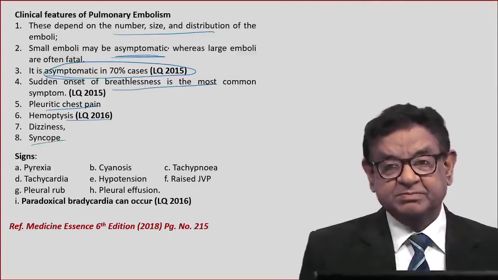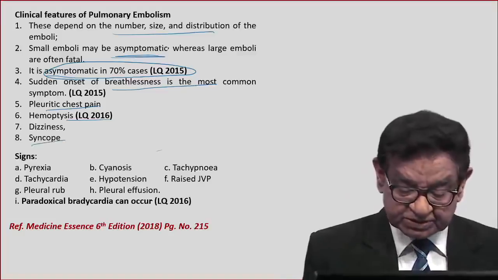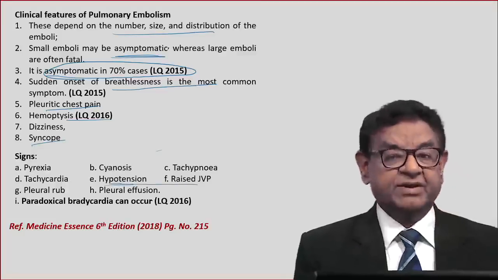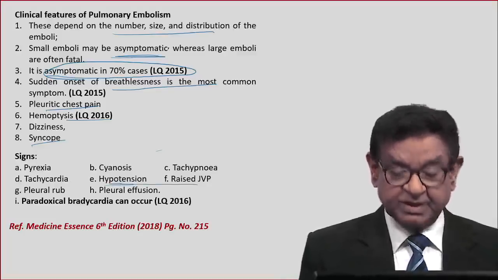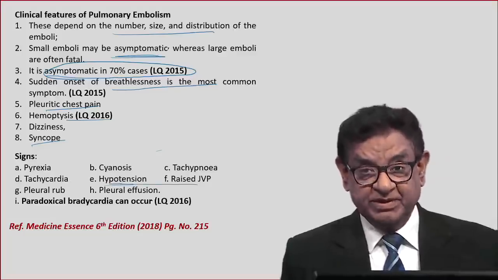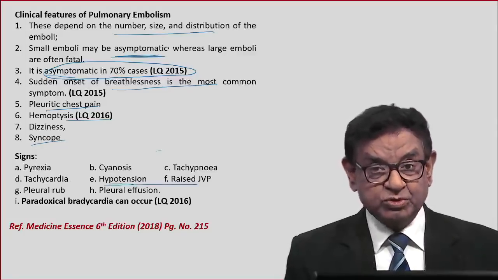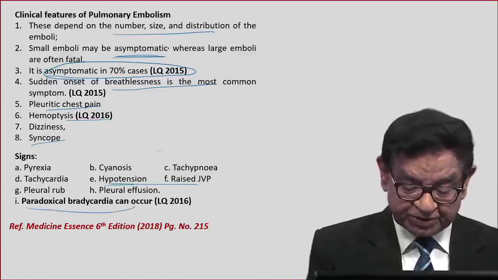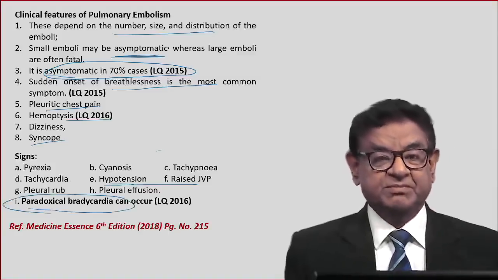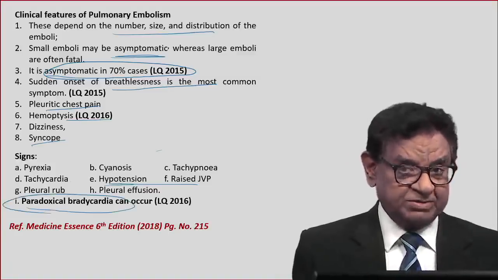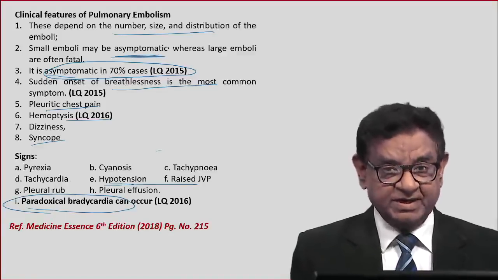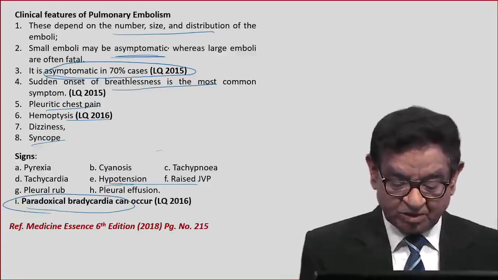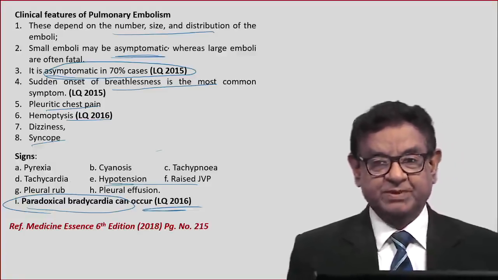In the signs: pyrexia, cyanosis, tachypnea, tachycardia, hypotension, raised JVP, pleural effusion, and something very interesting not known to most students. This is a top rank getting question. Some patients may even have bradycardia also, what we call paradoxical bradycardia.